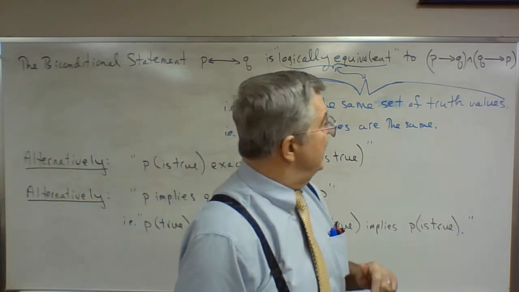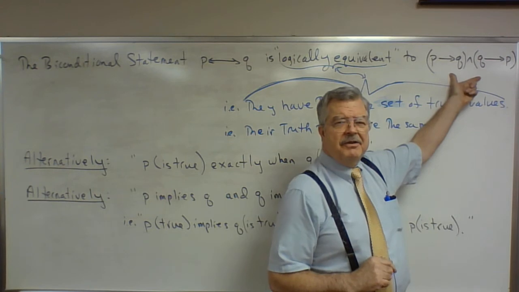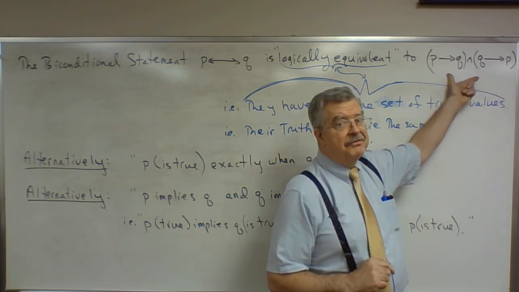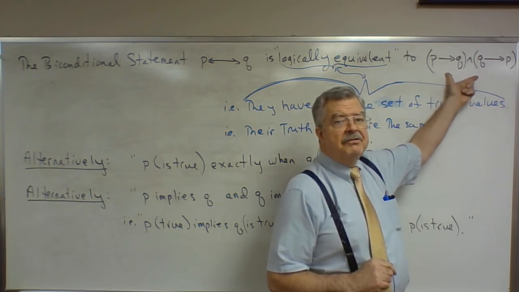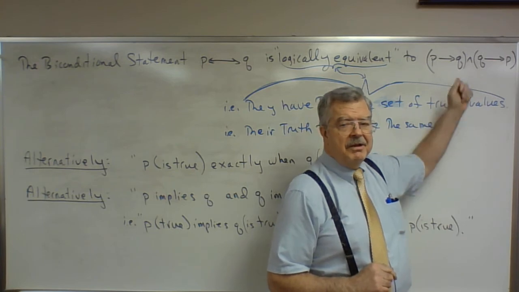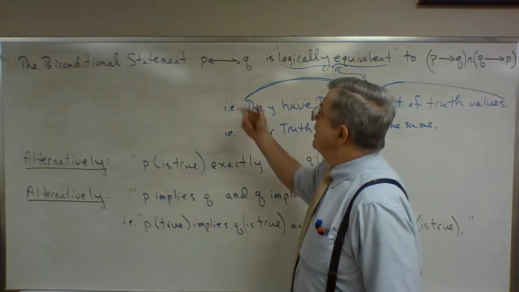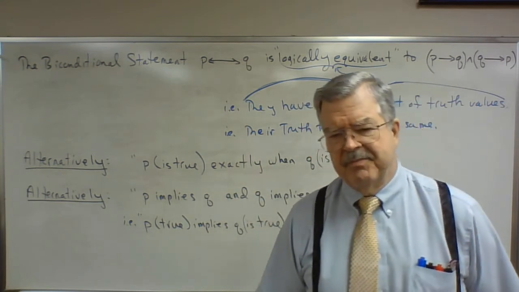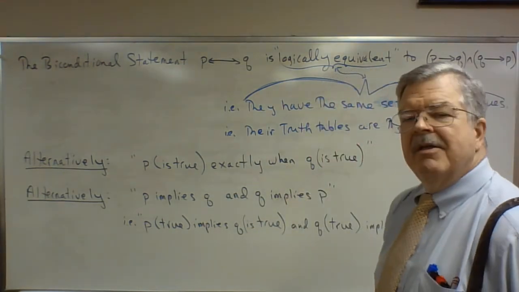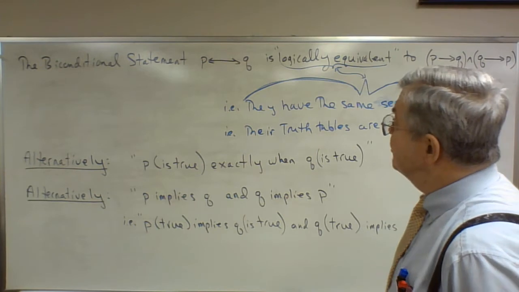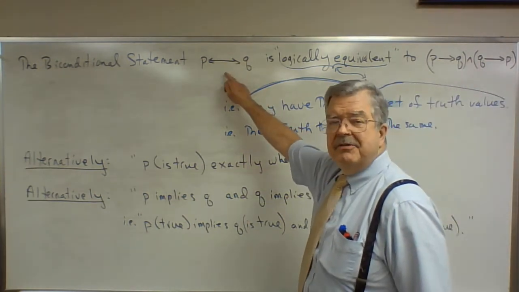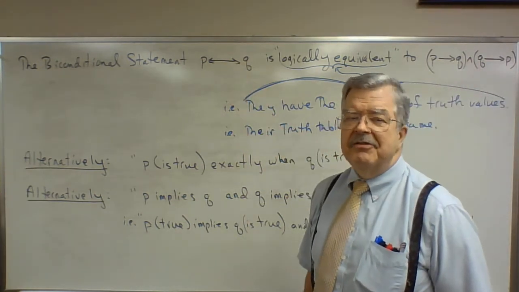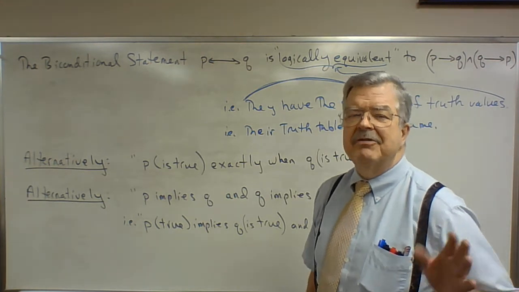That's why in our last example we were interested in getting the truth table for this statement, because the truth values of this statement are exactly the same as the truth values for this biconditional statement. So let's write the truth table for this statement and see if there's a special case.